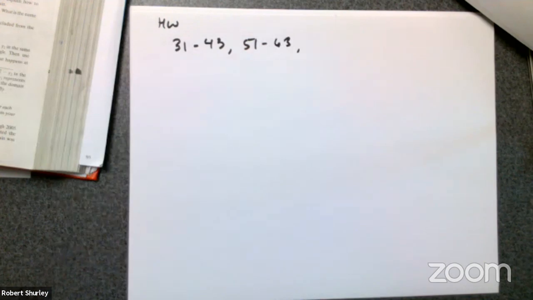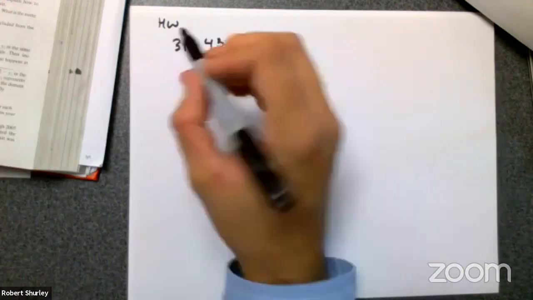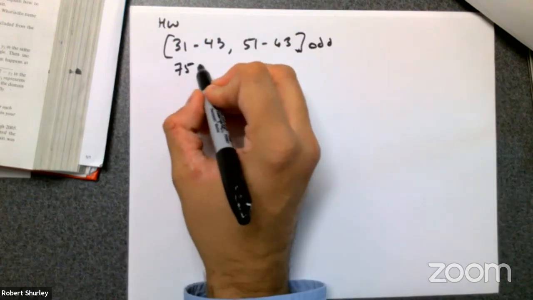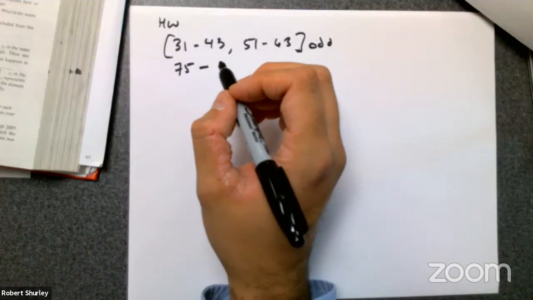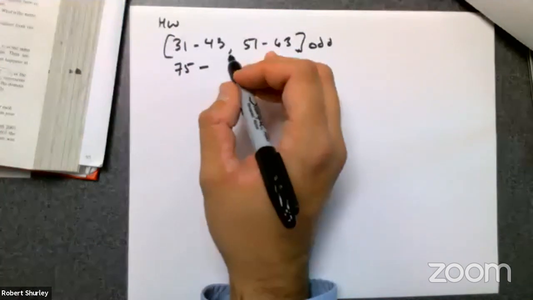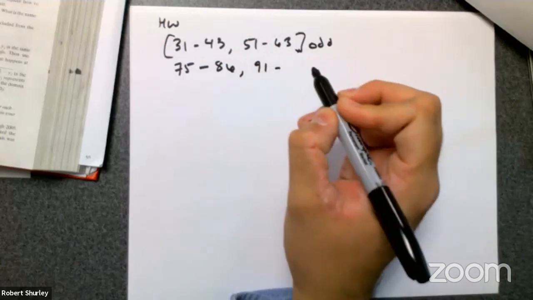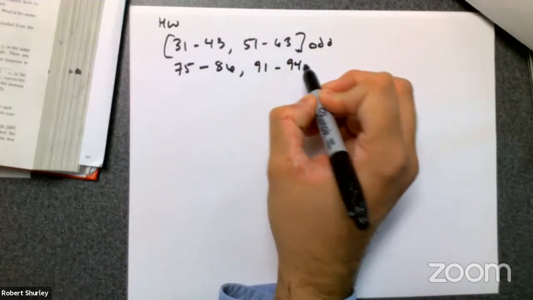These are all going to be odd. But then the last ones, I want you to do all of them. So 75 through 86, do all those, and then do 91 through 94.